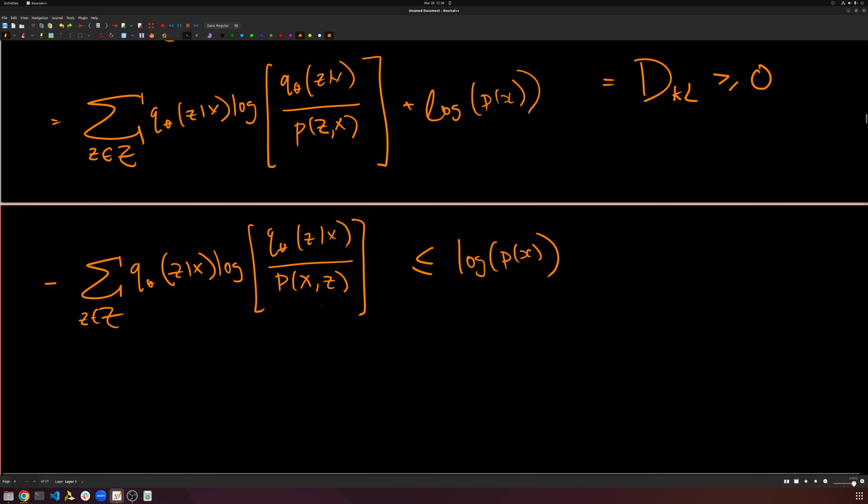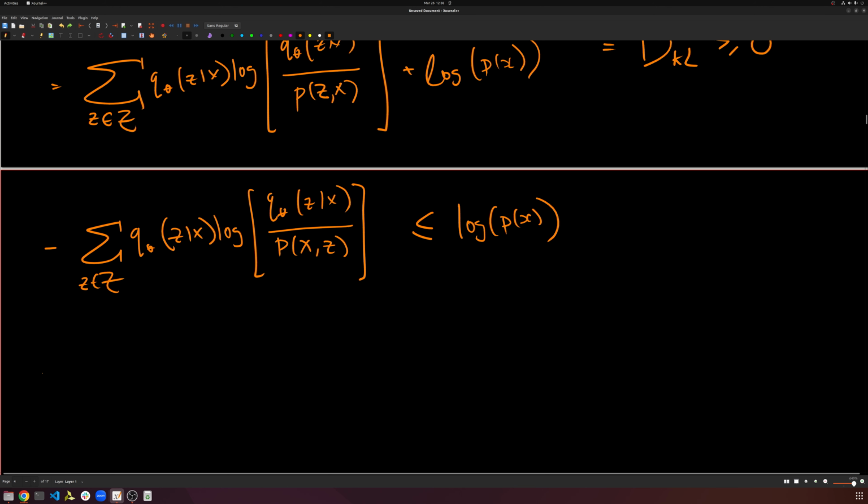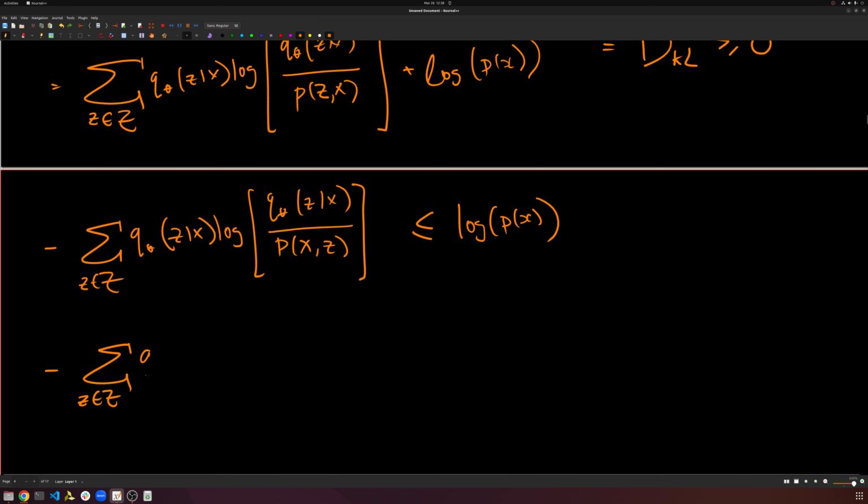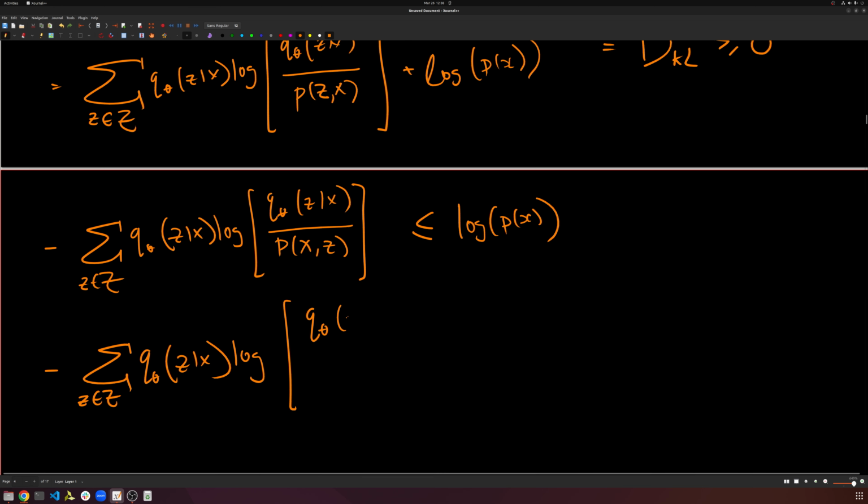Now, z comma x is a little bit annoying for us to deal with, and so we're just going to rewrite it again using the conditional probability formula. And so our final expression is going to be negative sum z element of Z q theta z given x log, again, the numerator stays the same here, z given x, but probability of a and b can be written in two different ways.